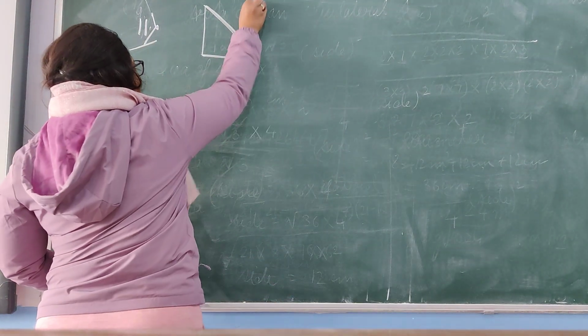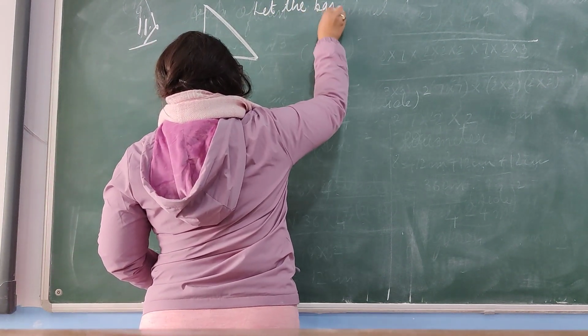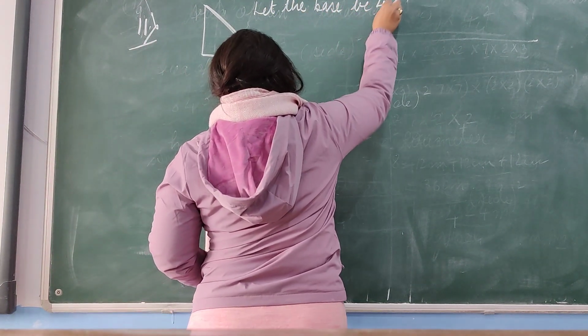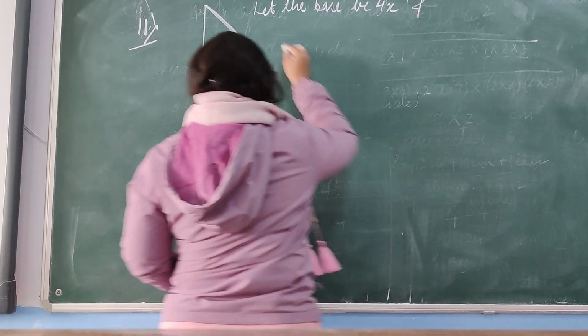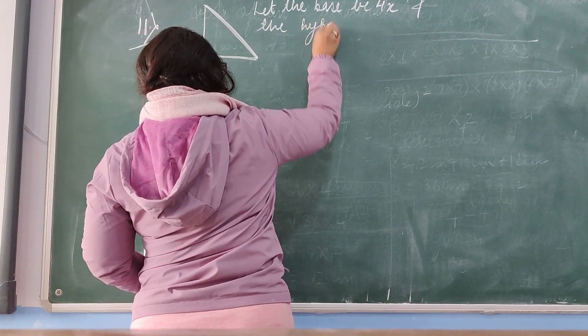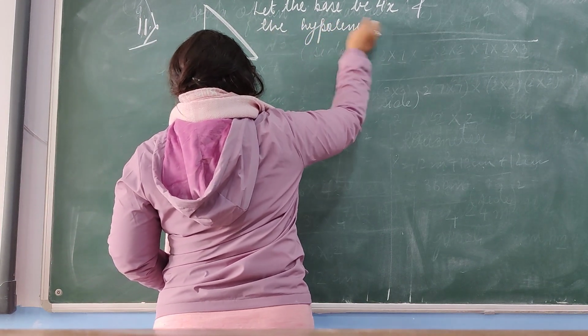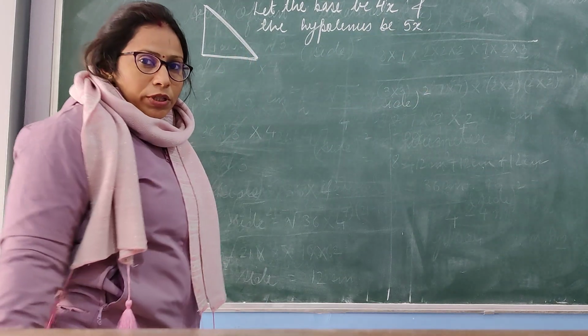Okay, so we can write, let the base be 4x, isn't it? And the hypotenuse be 5x. I hope it's clear.